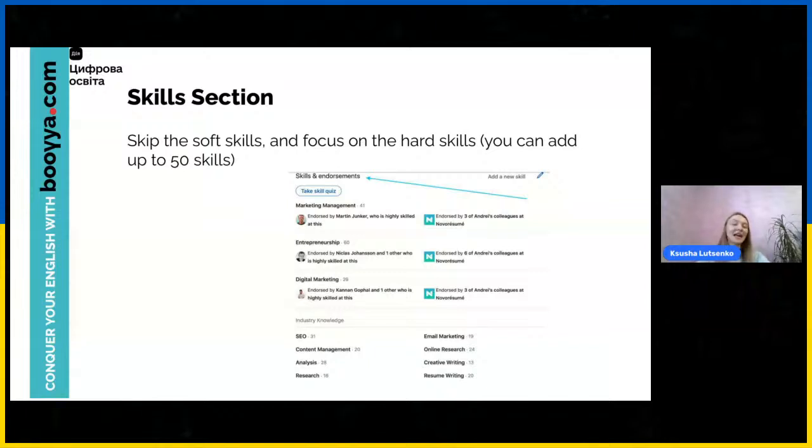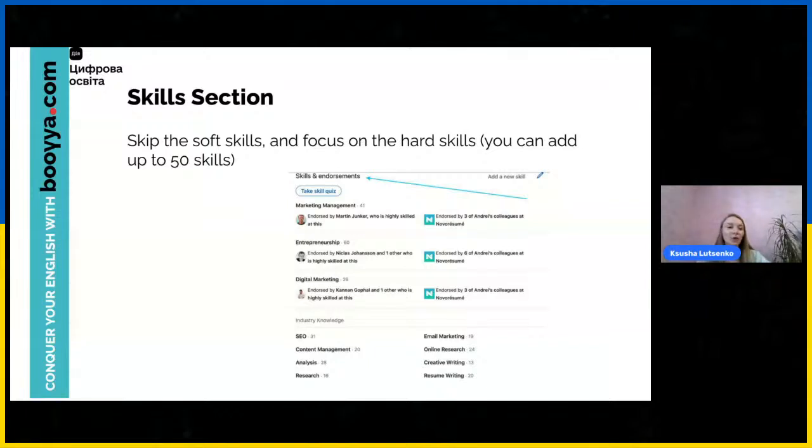So it's better to start by adding hard skills and include some soft skills somewhere in the middle. But you don't have to add all 50 skills. It's not necessary. If you can come up with just 10, fine, no problem. But they should be relevant and valuable for that particular position.